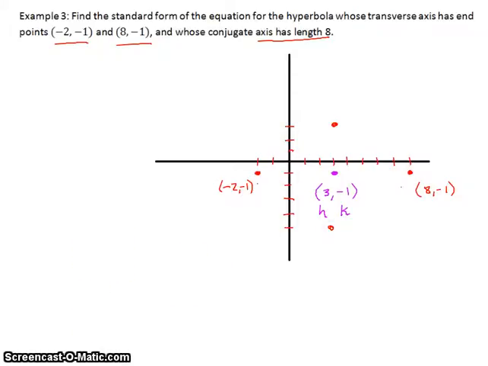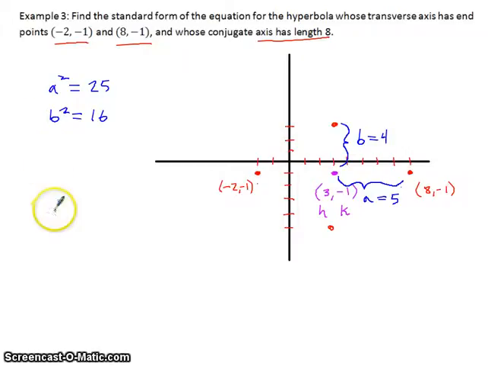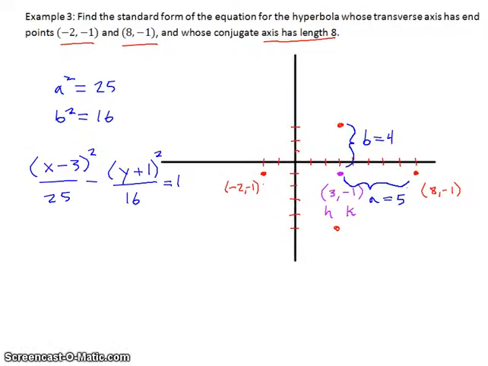This tells me a and b, which means that a squared is 25 and b squared is equal to 16.